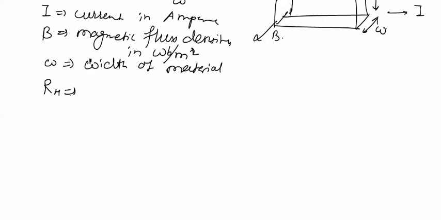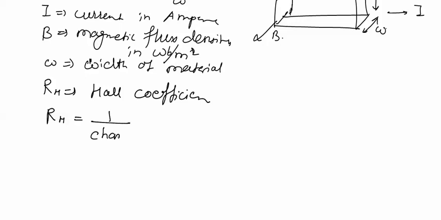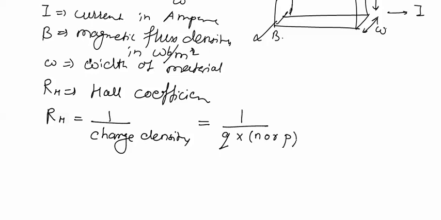RH is called Hall coefficient. RH is the reciprocal of charge density. Charge density can be written as charge q into carrier concentration n or p. RH equal to 1 upon q into n or p.